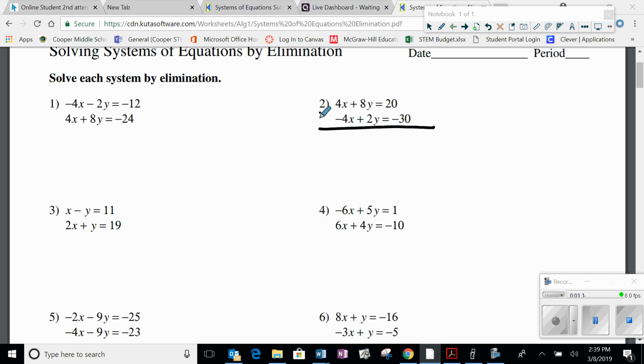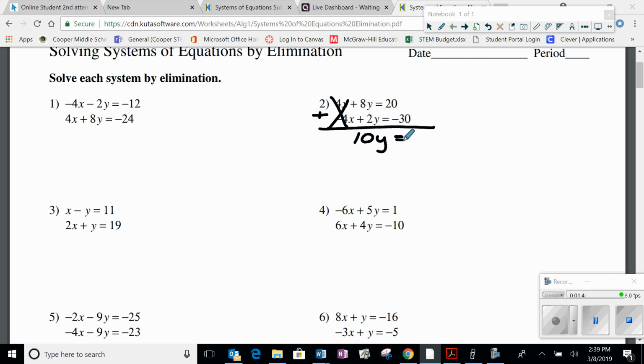So I'm going to go ahead and add the two equations together. 4x plus negative 4x is just 0, so I'm just going to cross it out, which is eliminating the x variable. Then I'm going to add 8y plus 2y, and we get 10y.